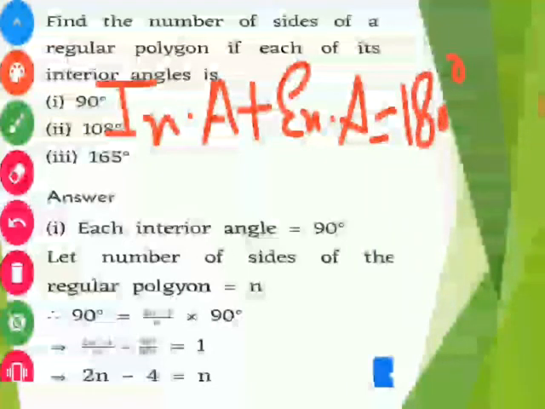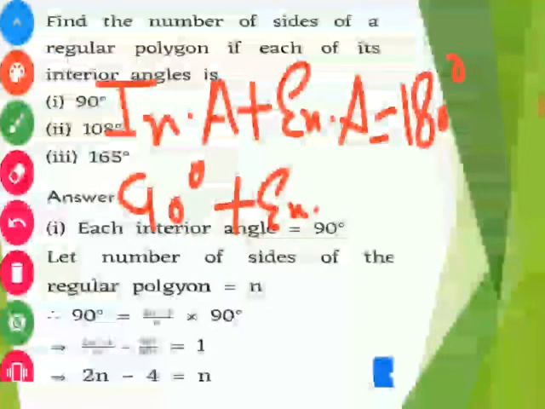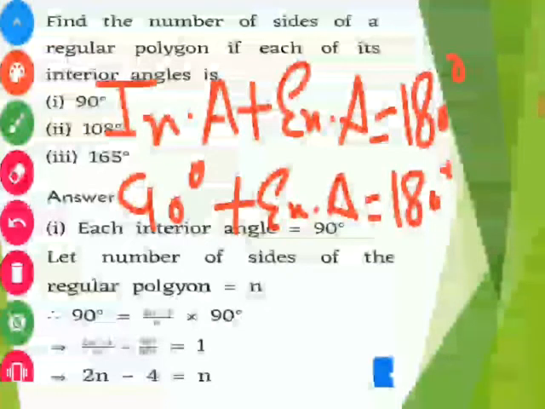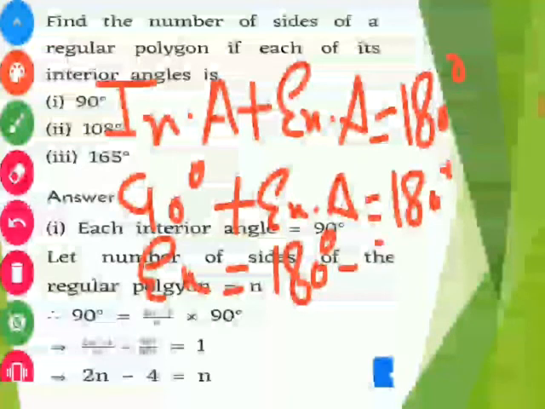So for any polygon, the sum of the interior angle and one exterior angle which is associated with that, they both sum to 180 degree. So you know the interior angle here. So with the help of the interior angle, we'll calculate the exterior angle. So 180 degree minus 90 degree.